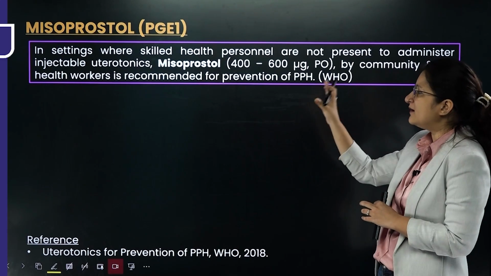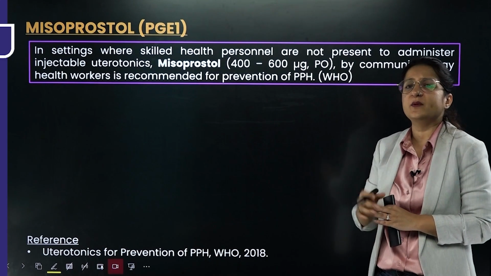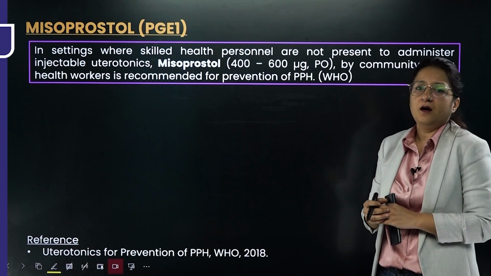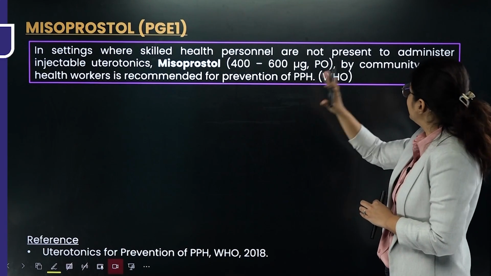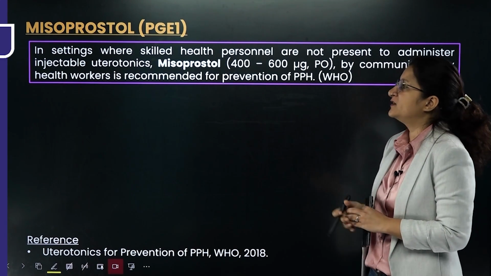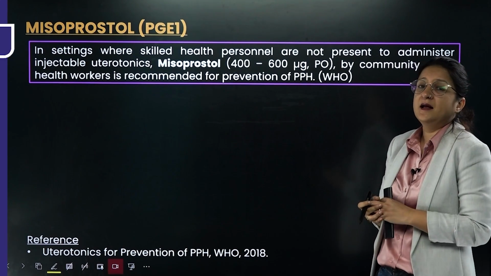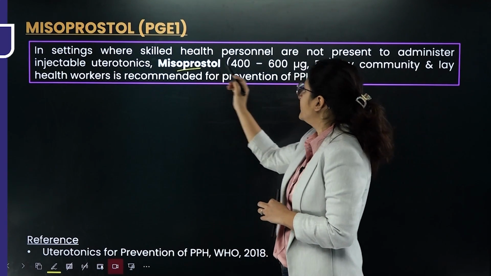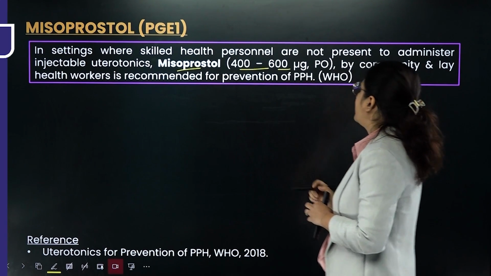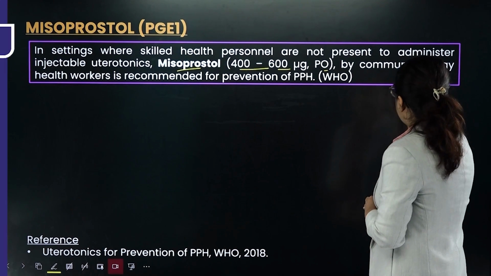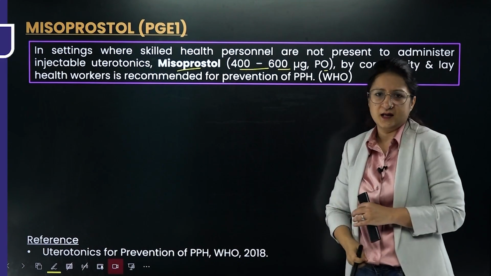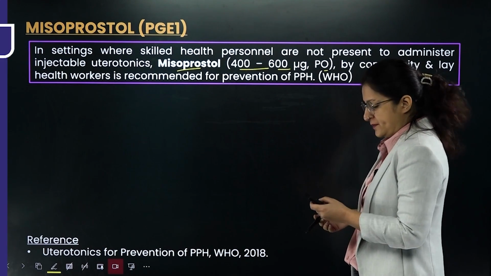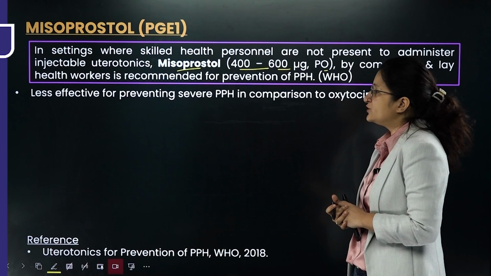So that is mainly relevant in peripheral healthcare centers where, let's say, the midwives or the nursing staff that is not skilled, let's say, to give injectable uterotonics. They are the ones, lay healthcare workers, they are conducting the delivery. Then misoprostol in a dose of 400 to 600 microgram per orally by community and lay healthcare workers is recommended for prevention of PPH. That is what WHO says.